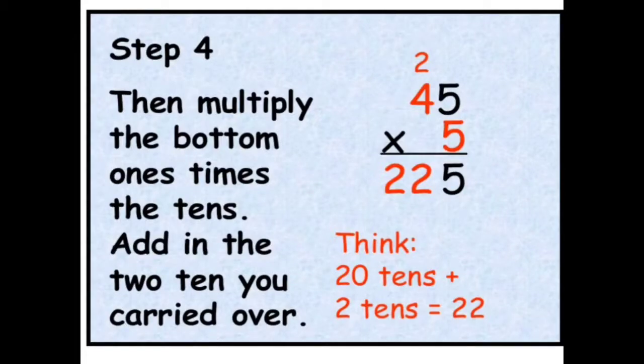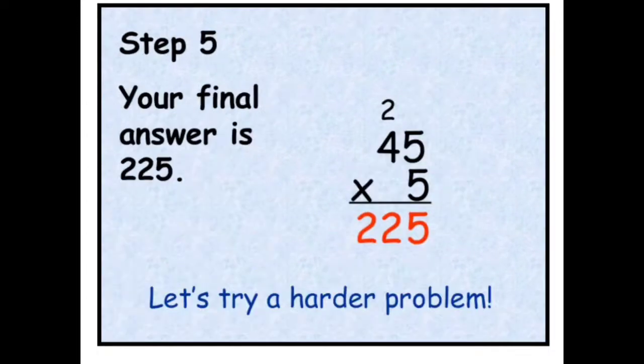Then multiply the bottom one times the tens, add in the 2 tens you carried over. So what is your answer, beta? 225. So your answer is 225. So hope with the help of these two examples you can easily understand how we multiply a 2-digit number by a 1-digit number.